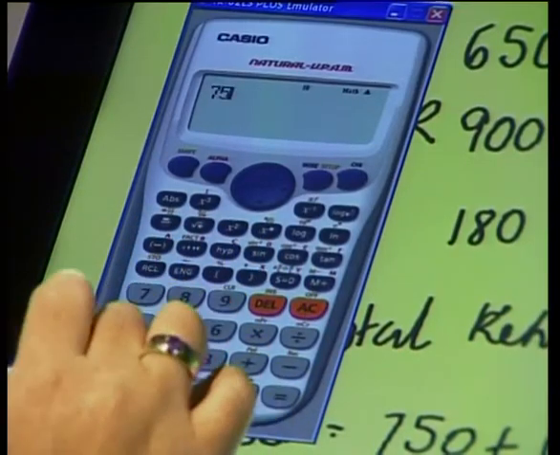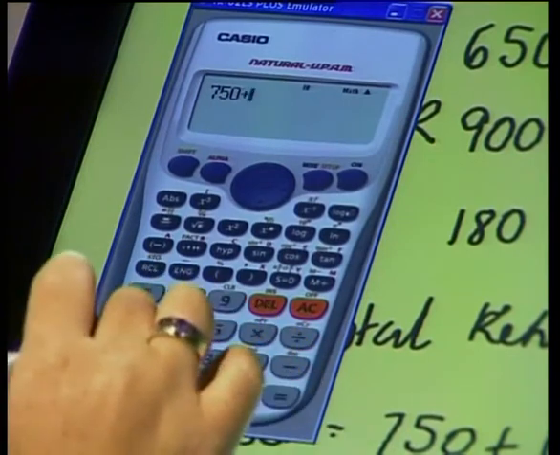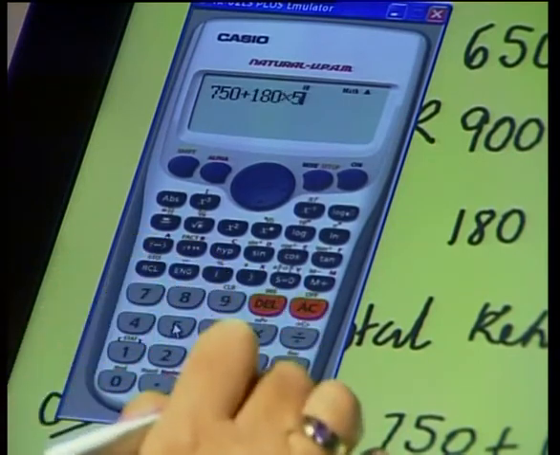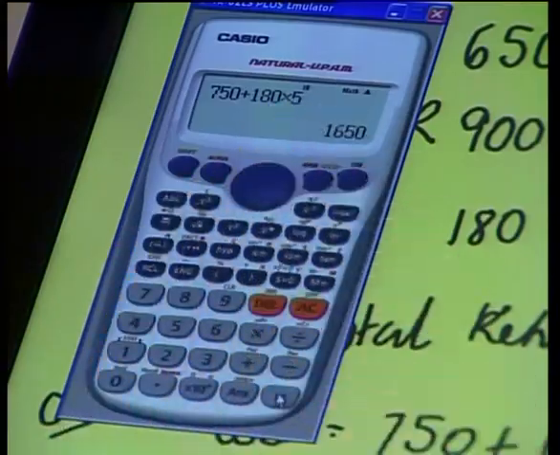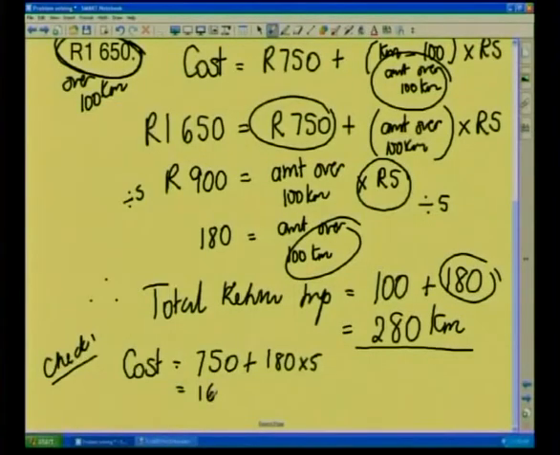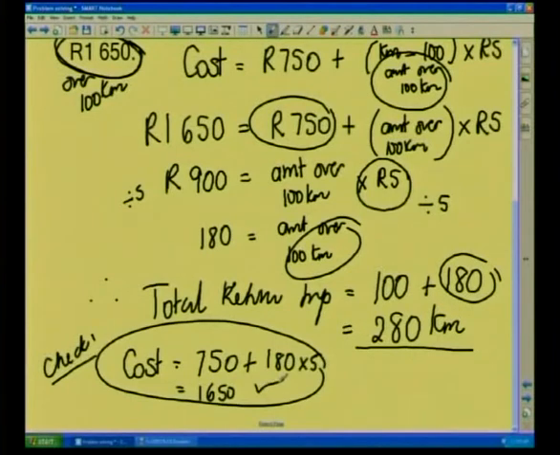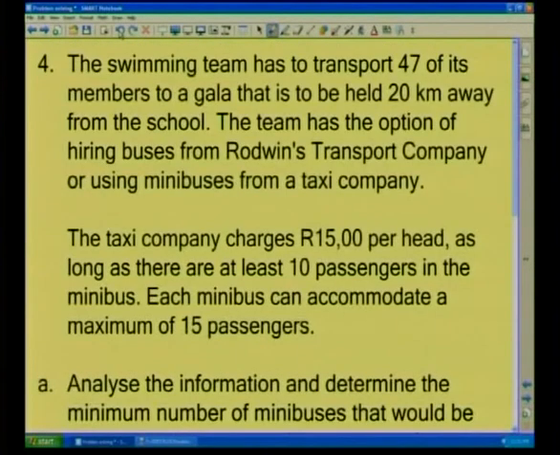So 750 plus 180 times 5 equals 1,650. So therefore, my answer is correct.